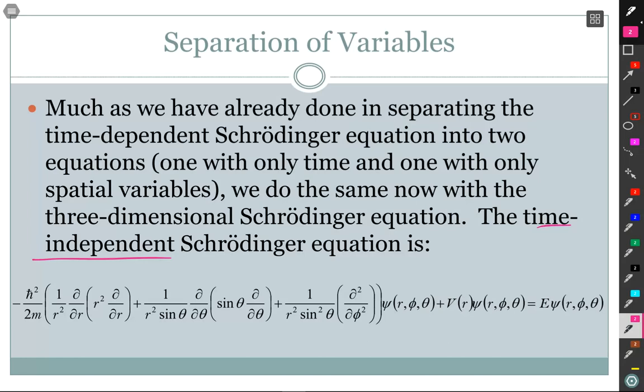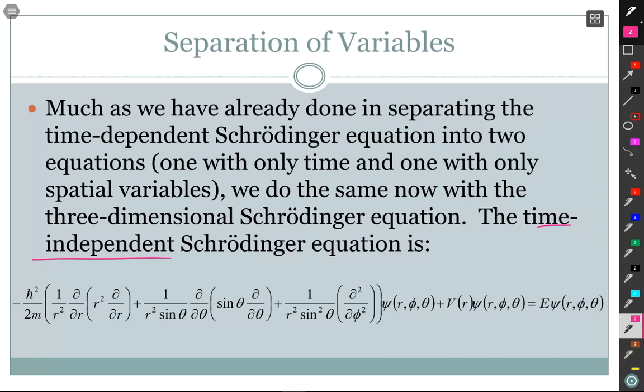We want to try to break this down into some smaller equations, just like we did to get this time-independent equation. Remember, we had the time-dependent Schrodinger equation. It had both time derivative and spatial derivative. And what did we do to get the derivatives separated to get this time-independent version? Yeah, kind of.